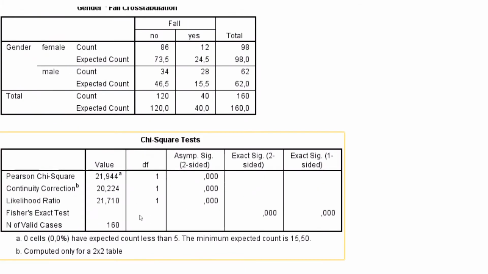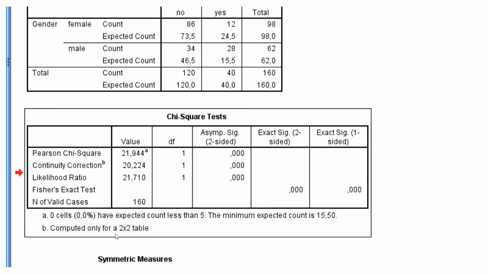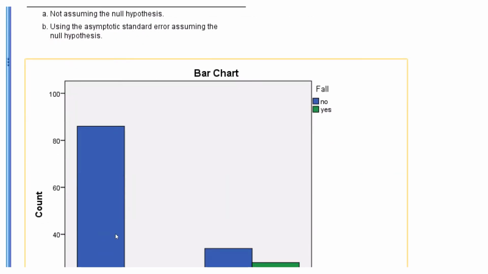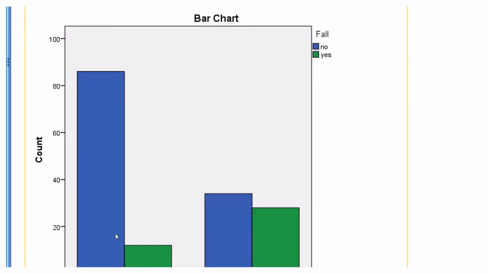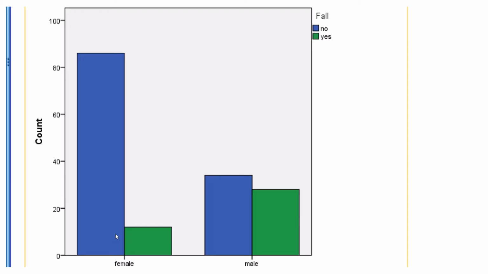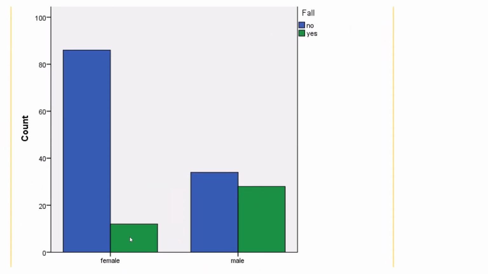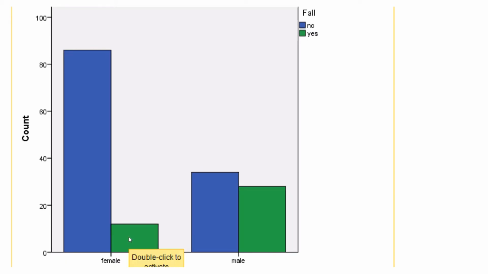We can also look at the histogram to give us an idea, but we still cannot tell until we perform the statistics. So here's the bar chart. I said histogram, but here's our bar chart, and as we can see, the prevalence of falls in the male elderly population, which is green here, is greater than that in the female elderly population. But as to whether this difference is actually statistically significant, why?